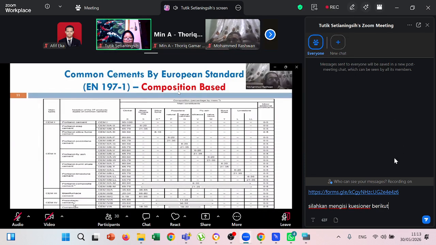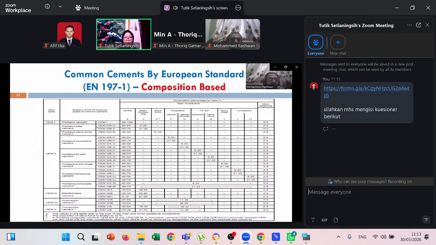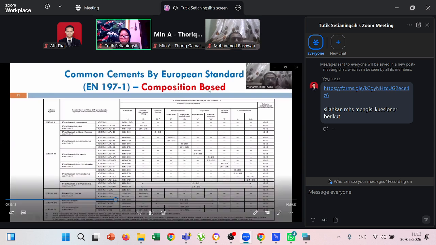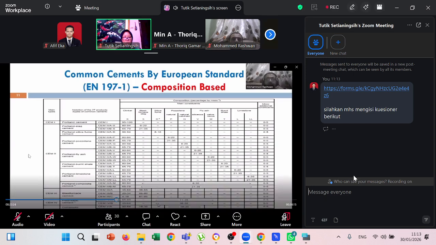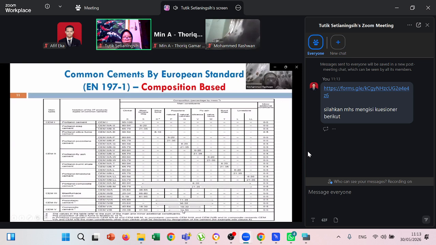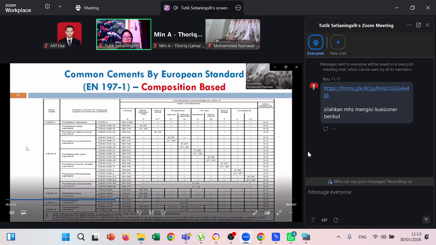Also, in the same manner, pozzolanic, limestone and composite cement. For composite cement, in this type, I think more than one type of main constituents are used, like blast furnace slag and pozzolana, whether natural or calcined, in this type of cement, which is composite cement.